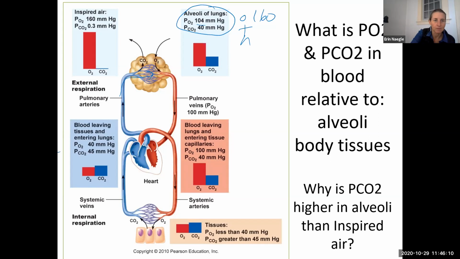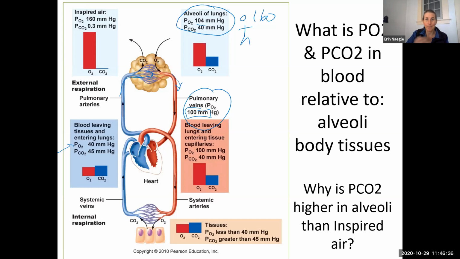Yes, it is 40. So 104 is higher than 40, so oxygen is going to diffuse into the blood so that in your pulmonary veins, it gets up to around 100 millimeters of mercury, pretty close to 104.